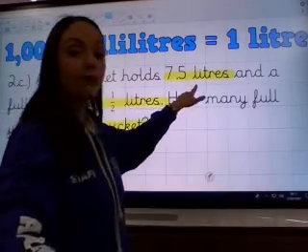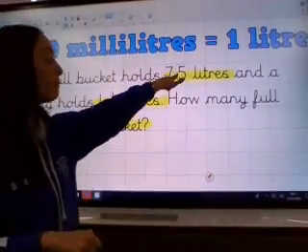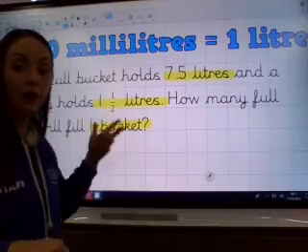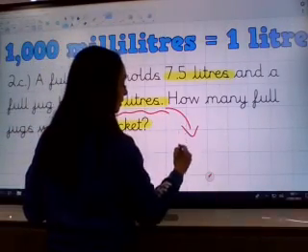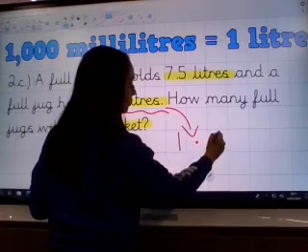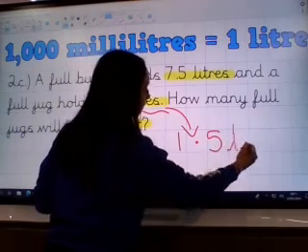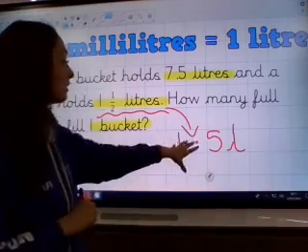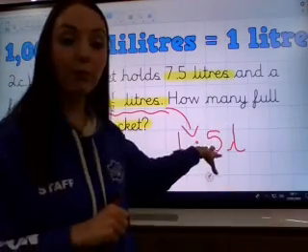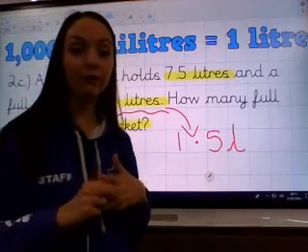So if I've got 7.5 litres here, I know that 7.5 and a half are the same. So 1.5 litres just means 1.5 litres. Yeah? So all you need to do now is figure out how many times 1.5 fits into 7.5.